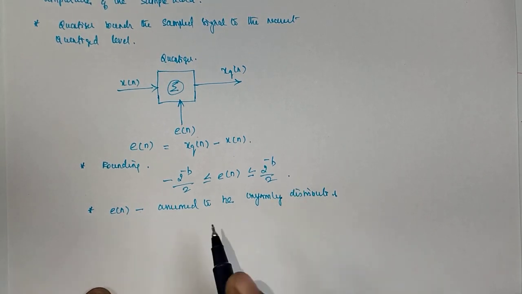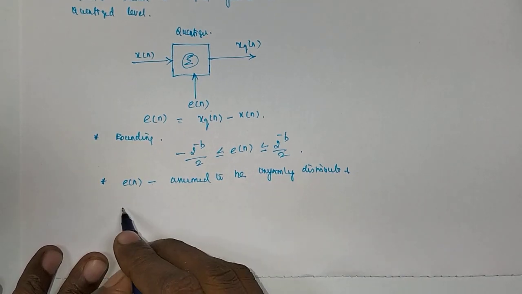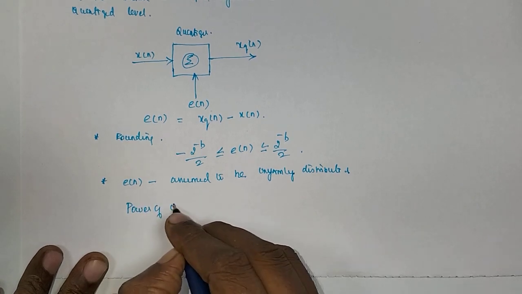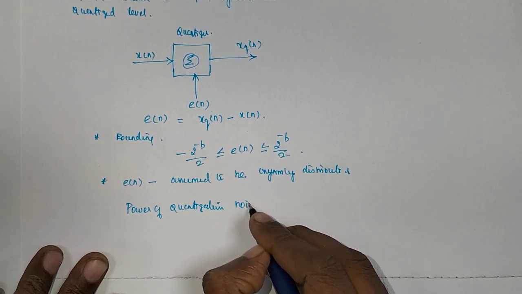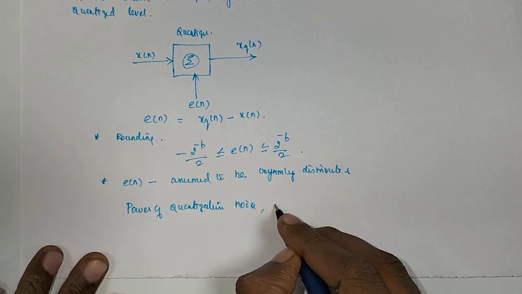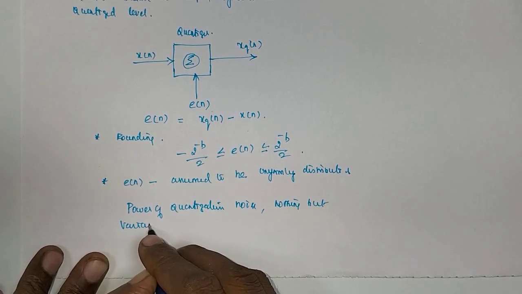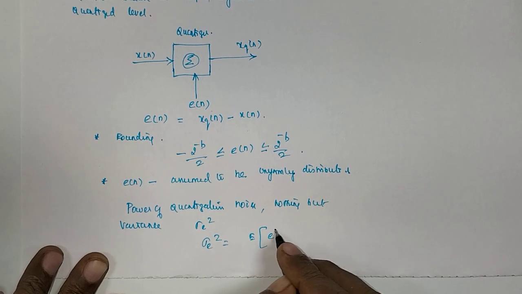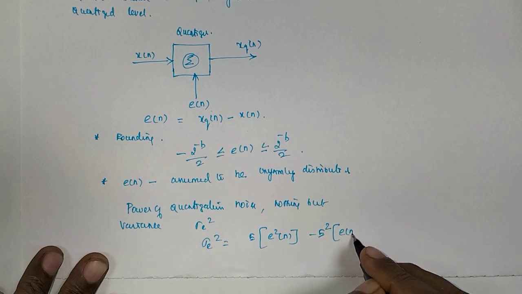Next we are going to find the power of the quantization noise or quantization error, which is nothing but the variance, sigma e square. It is given by sigma e square is equal to E of e square minus E square of e of n.